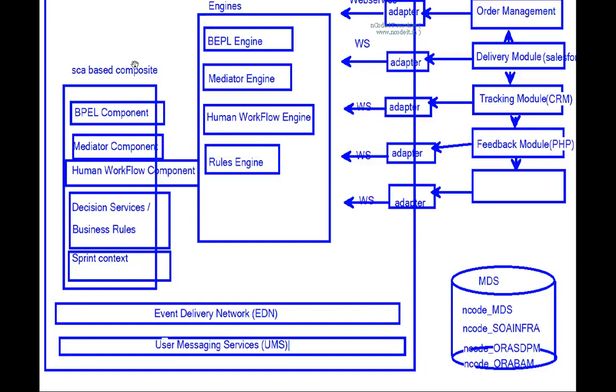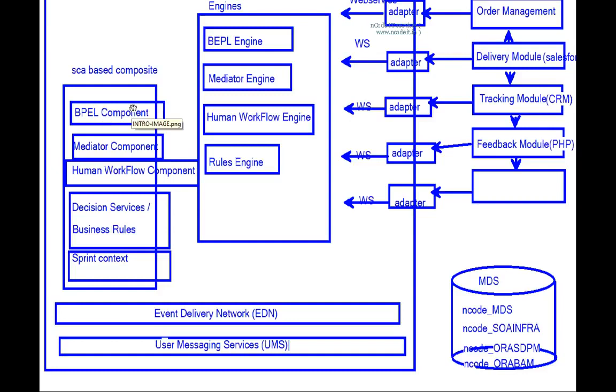Alright, then again, to execute this application you have engines. The BPEL engine is one that executes BPEL code. Remember, you will always have a slight confusion. There is a component BPEL, and there is a language BPEL. Here BPEL is a component, the Business Process Execution Language component.